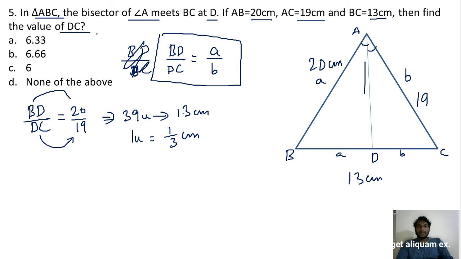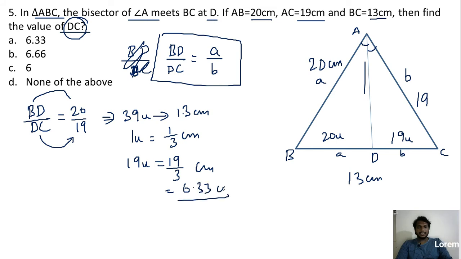Now we have to find the value of DC. Here BD is 20 units and DC is 19 units. Now we get 19 units as 19 by 3 centimeters, which is equal to 6.33 centimeters.